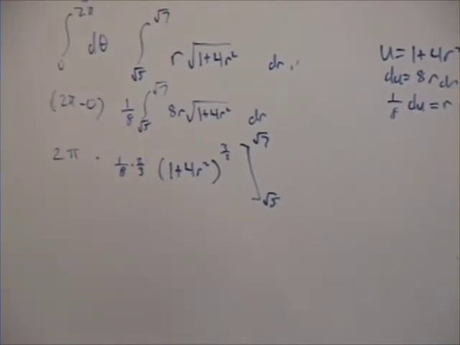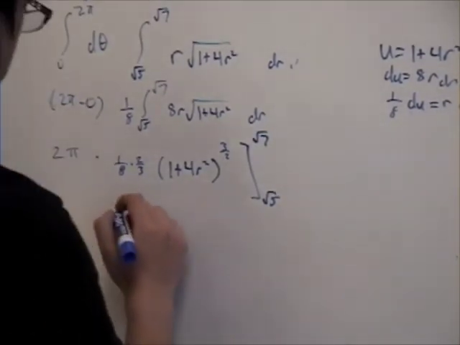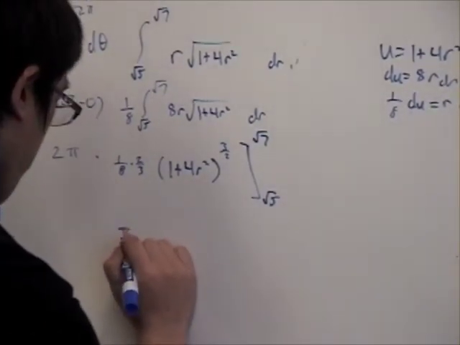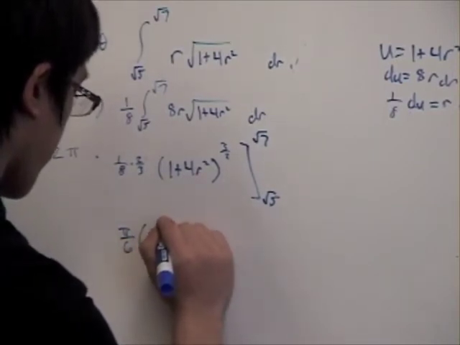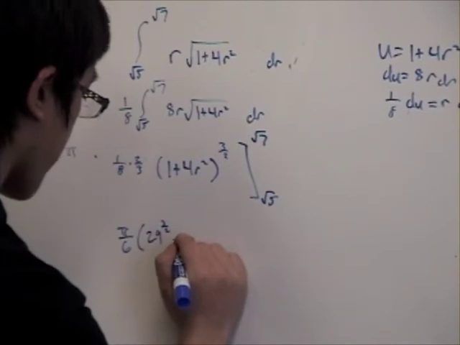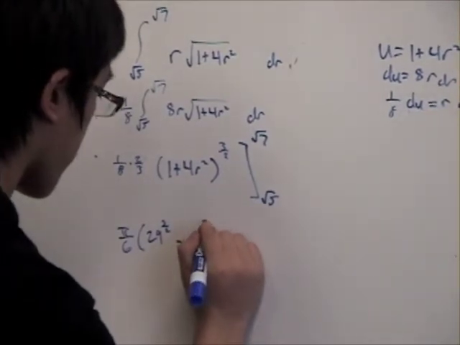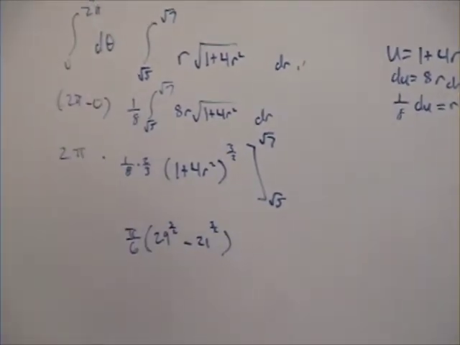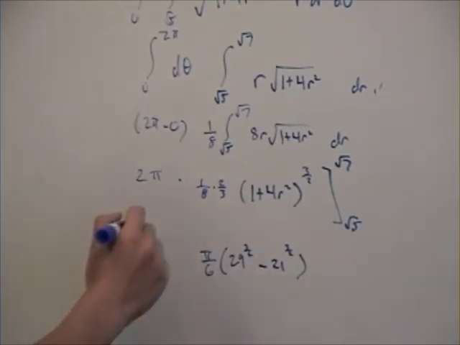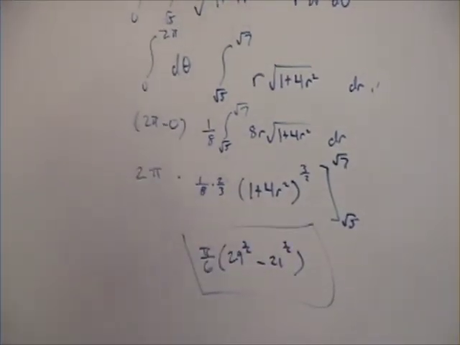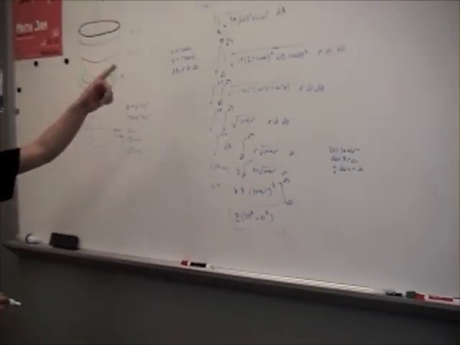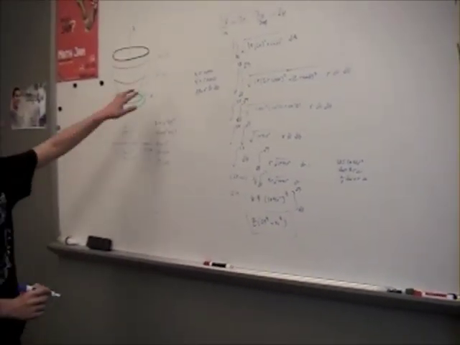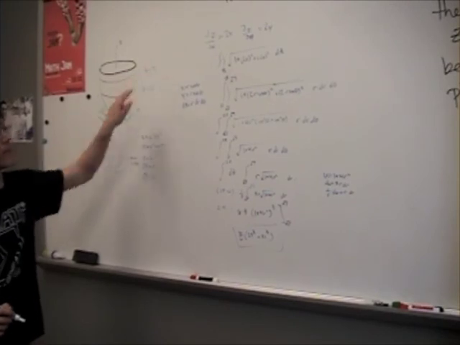Now we can evaluate this, and what you'll end up getting is pi over 6 times (29 to the 3 halves minus 21 to the 3 halves). And that is your answer. This is the surface area of this paraboloid, which is defined by that equation, from z equals 5 to z equals 7.